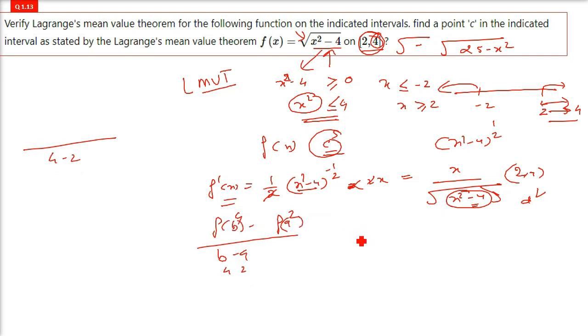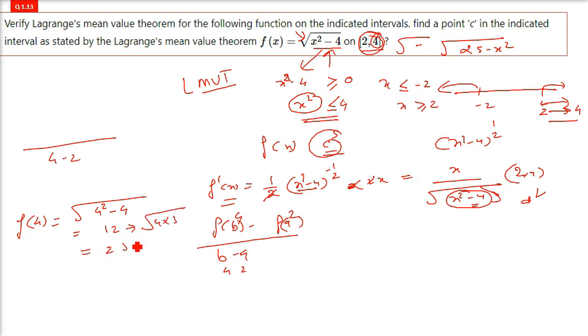f(b) is under root. You have to put in the original equation, please remember, f(4) is under root 4 square minus 4. This is 16 minus 4, 12. And 12 is 4 times 3, so 2 comes out of the root and 3 remains inside. It will be twice root 3. This is f(4).